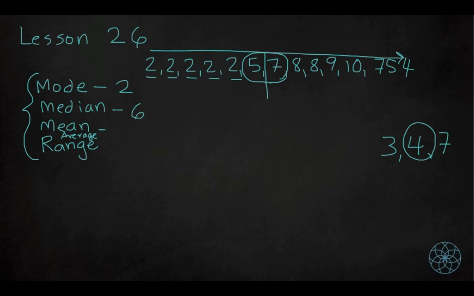Okay, so now, like I said, we were getting ahead of ourselves a little bit. What is the mean or the average of this set of numbers? Well, let's go ahead and add up all the numbers and then divide it by 12 because we have 12 numbers. So let's see.